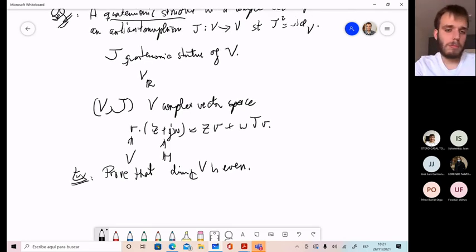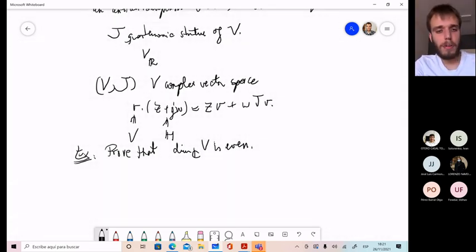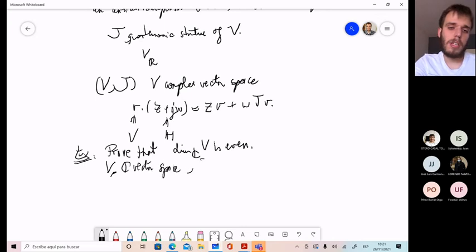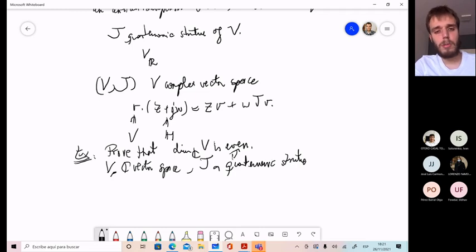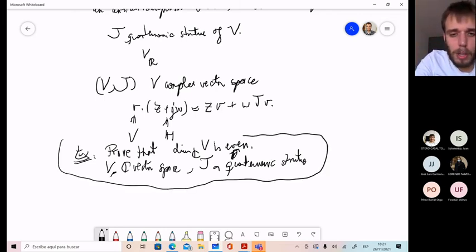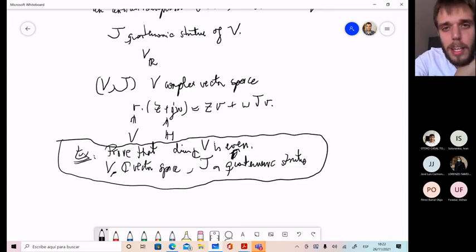So what I want is a one-line proof of the following: if you have V a complex vector space, and J a quaternionic structure, then the complex dimension of V is even. Maybe this is really easy, but I didn't have time to prepare it. Sorry for that. Maybe some of you already know how to do it. If that's the case, please tell me.